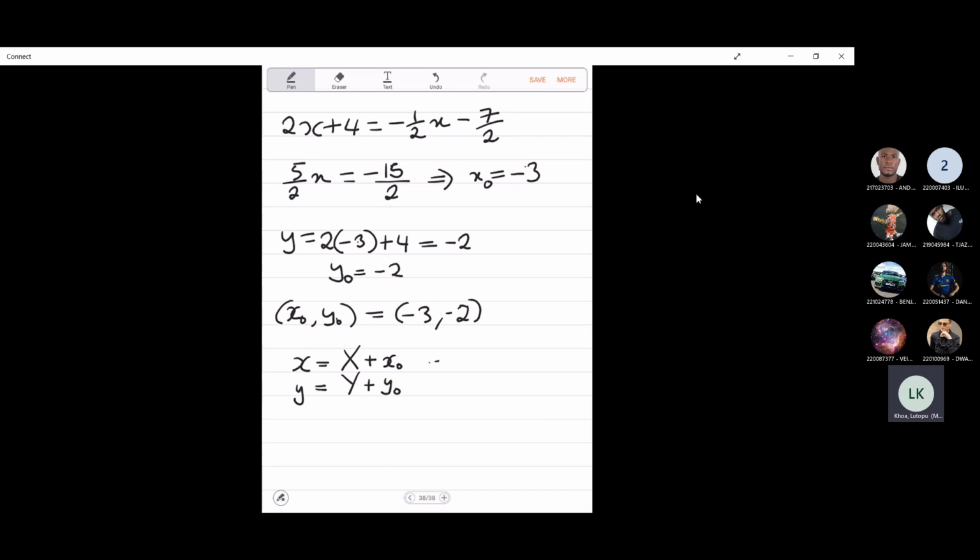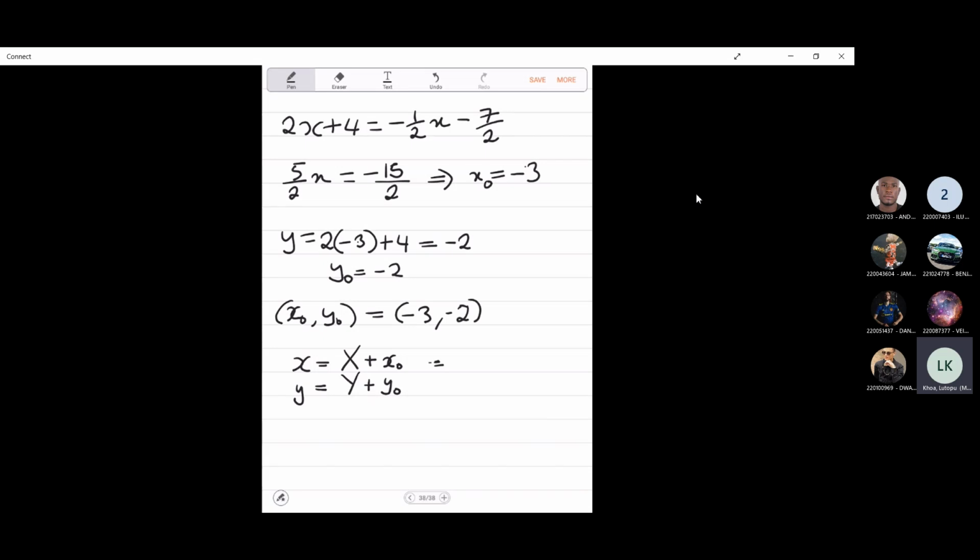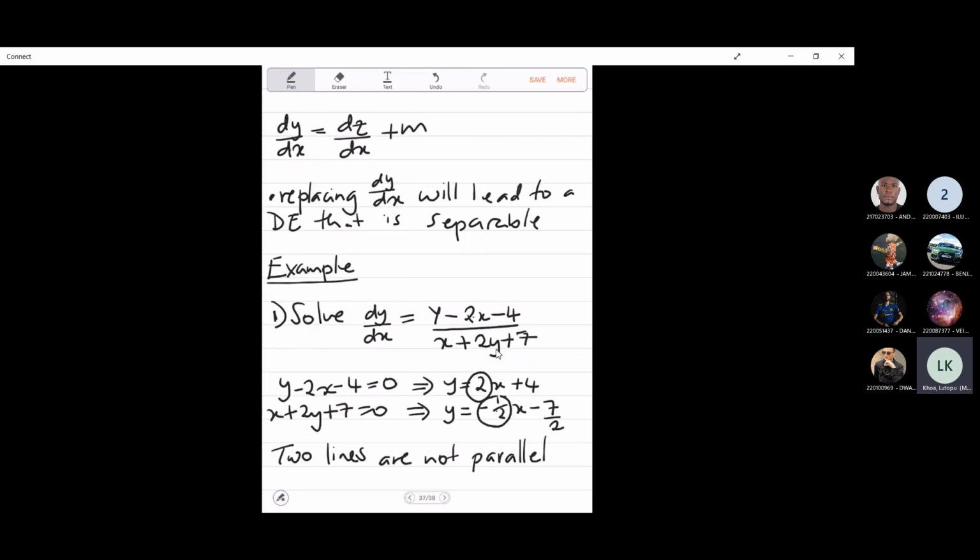So here I will have x is equal to big X plus -3, which is just minus 3, and then y is big Y plus -2, which is minus 2. Then this I'm going to substitute over here. So this small y is going to be replaced by big Y minus 2. This one is going to be replaced by big X minus 3, and the same thing in the denominator.